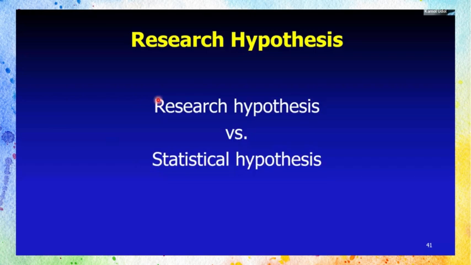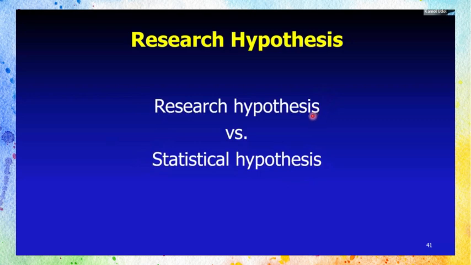So when you develop your research protocol and you would like to specify your research hypothesis in your protocol, do not use statistical hypothesis. Research hypothesis is the expected answer to your research question.